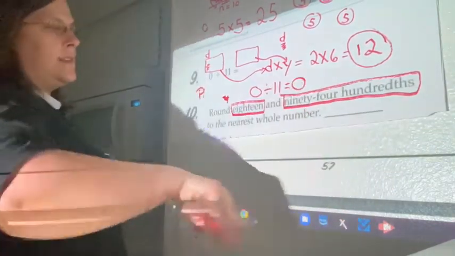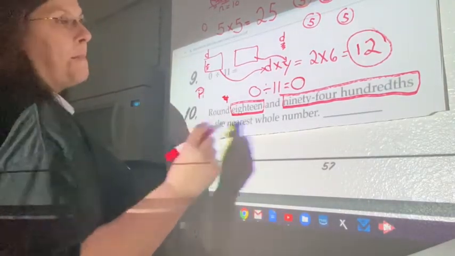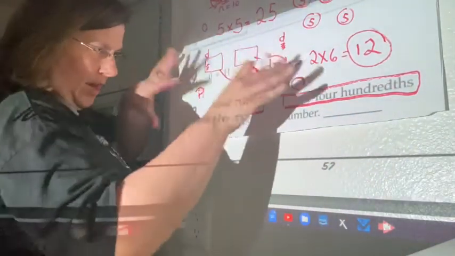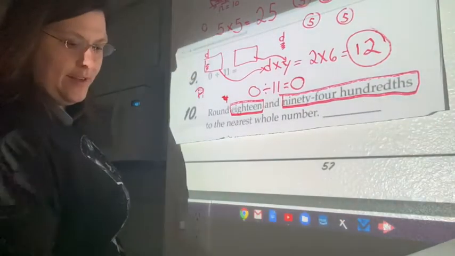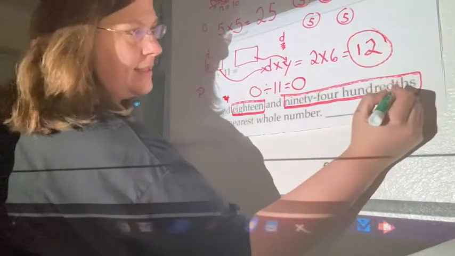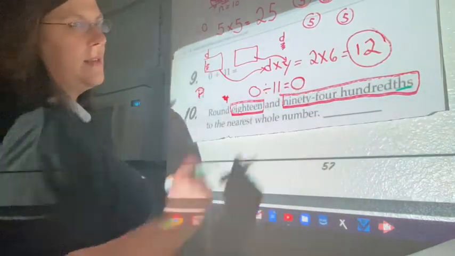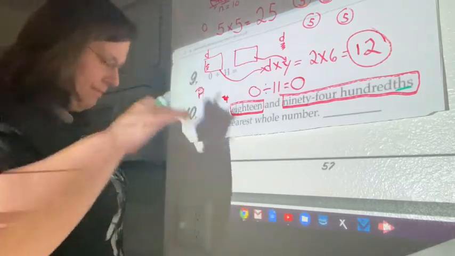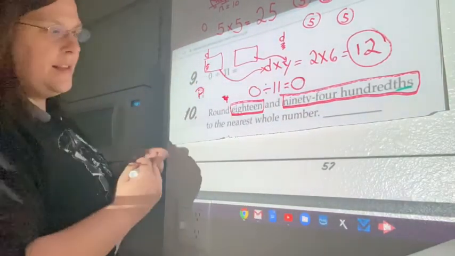I see a secret. Now, there's a couple important things in this. First thing that's important, I'm going to use another color, is this TH on the end. That automatically tells you that this is a decimal. You see this? That THS? Decimal.